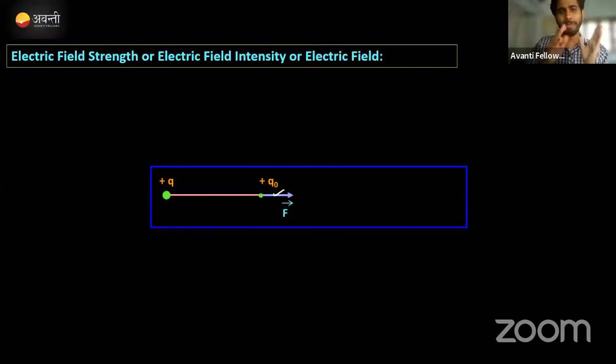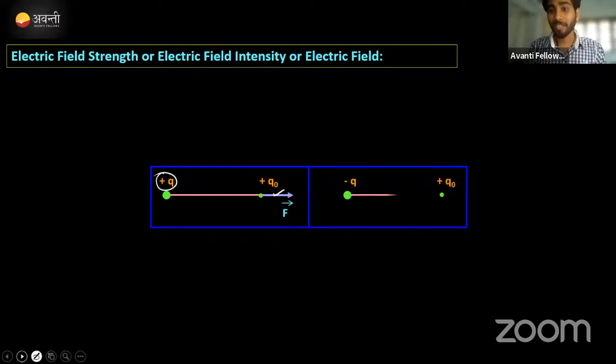Okay, force will be acting away from the test charge, because this is a positive charge, that's why field lines will be acting away from the test charge, right? Then if I take the negative charge, the field line strength is also there, but the direction, look at the direction, will be towards the test charge.